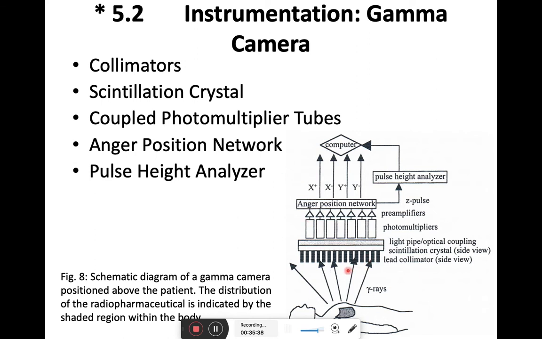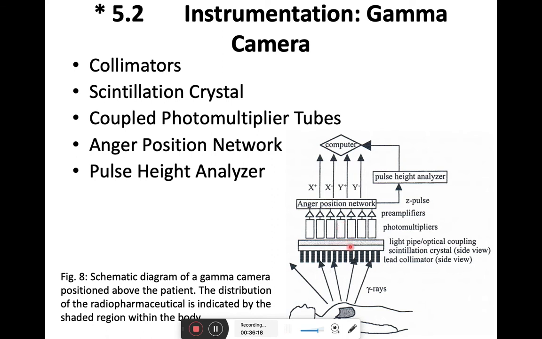Figure 8 here shows the schematic diagram of the gamma camera, which is positioned above the patient, and the distribution of the radiopharmaceutical is indicated by the shaded region within the body. This is the targeted organ that has been injected with the specific radiopharmaceutical agents. The figure here is actually upside down.